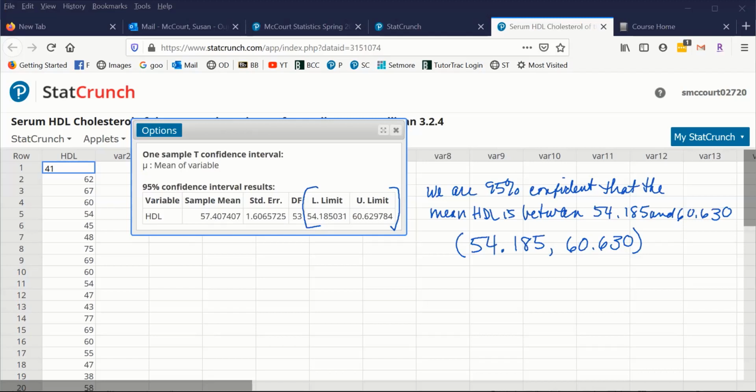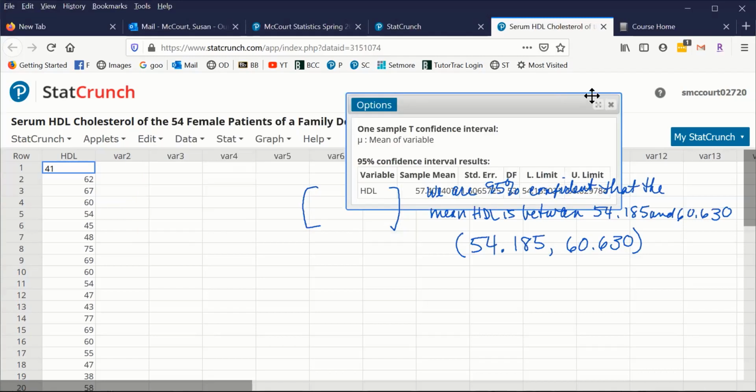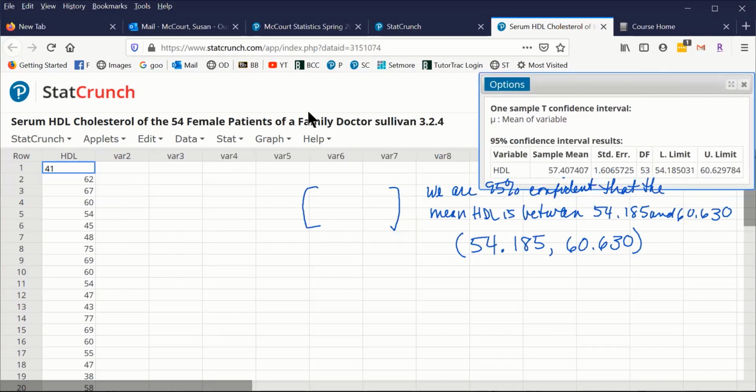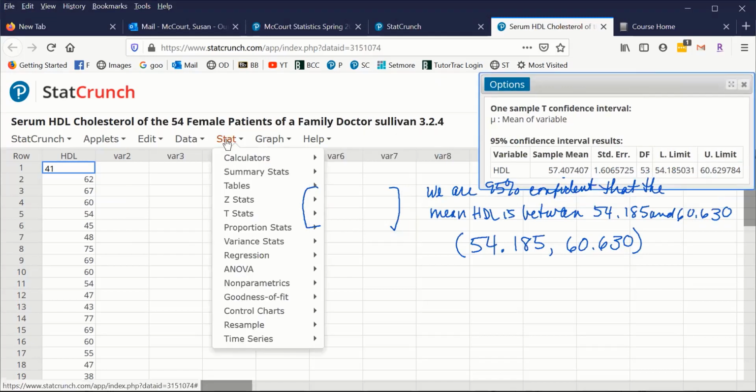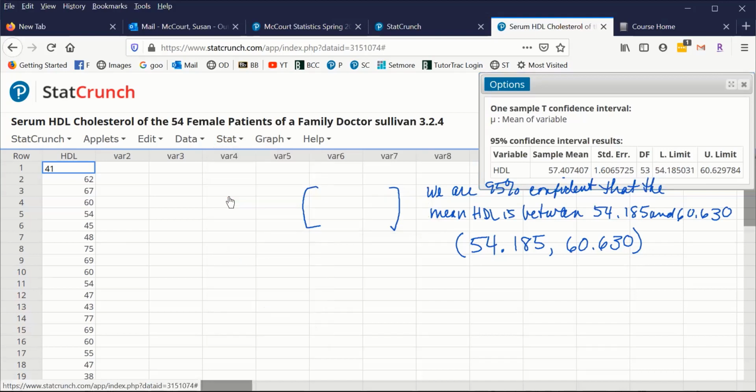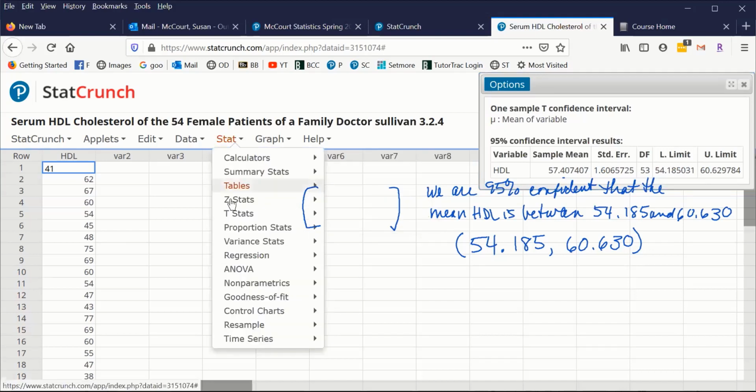So then the second thing we want to do is to find the sample size. So on the formula sheet, how do we do that? The sample size. It's on the second page or the other side. Sample size for confidence interval for the mean. So it says stat, Z-stat, one sample with sample size.